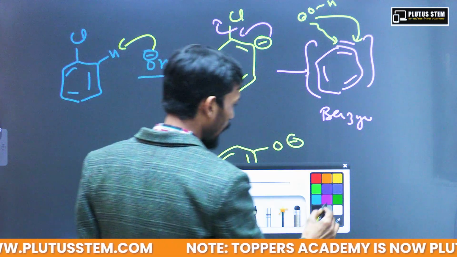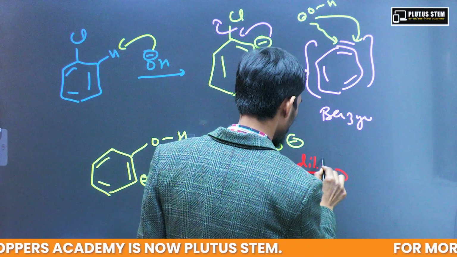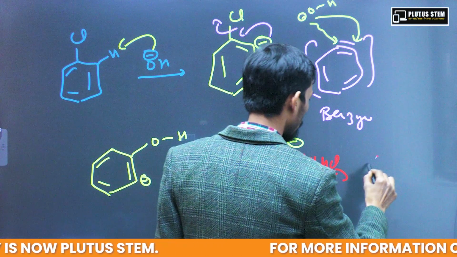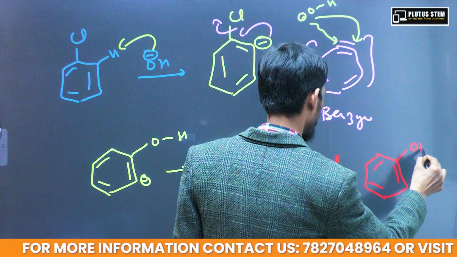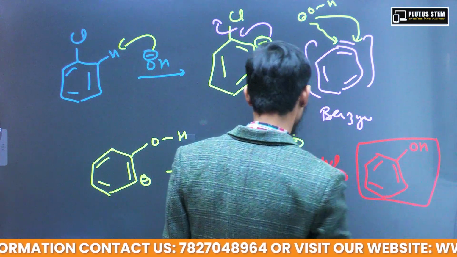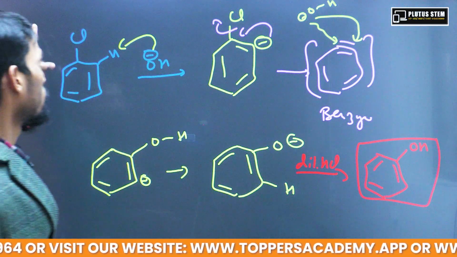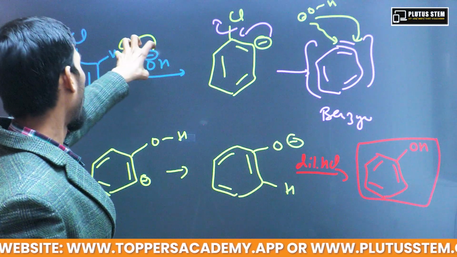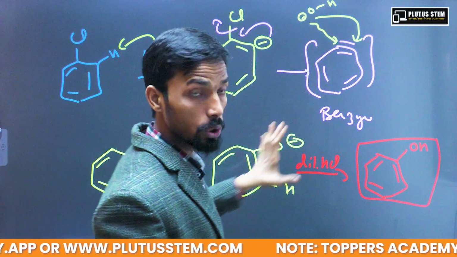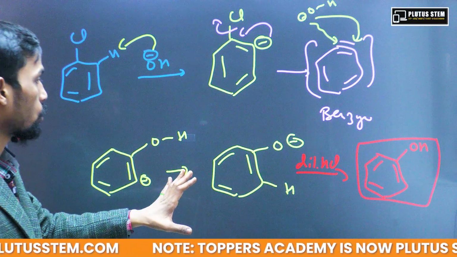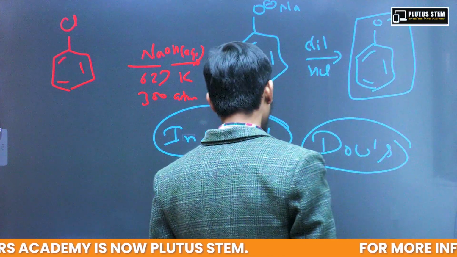After that, with dilute HCl, or by the workup, this is the product we are going to get, phenol. This is the whole mechanism. Firstly, abstraction of the proton and benzyne formation, then attack of OH negative, and we get phenol. So this is a drastic condition, not a normal condition.